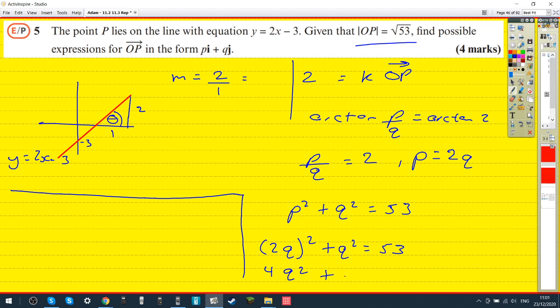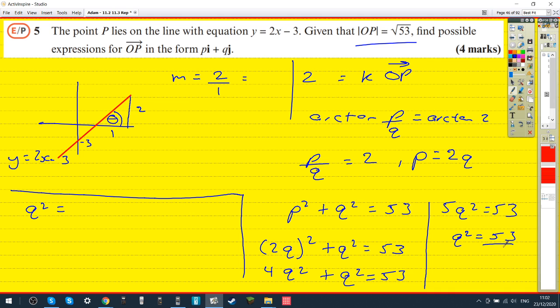So 4Q squared plus 1Q squared, that will become 5Q squared. So 5Q squared is 53. Then divide by 5 on both sides, which is 10.6.